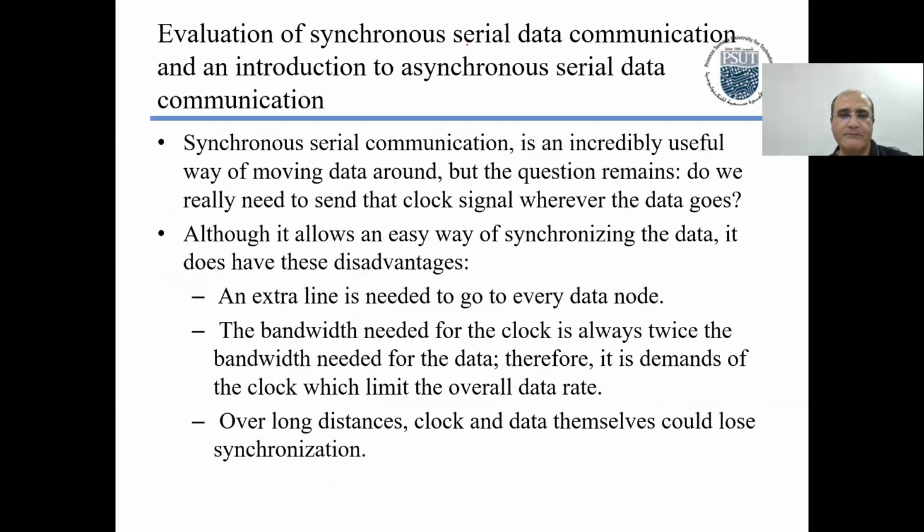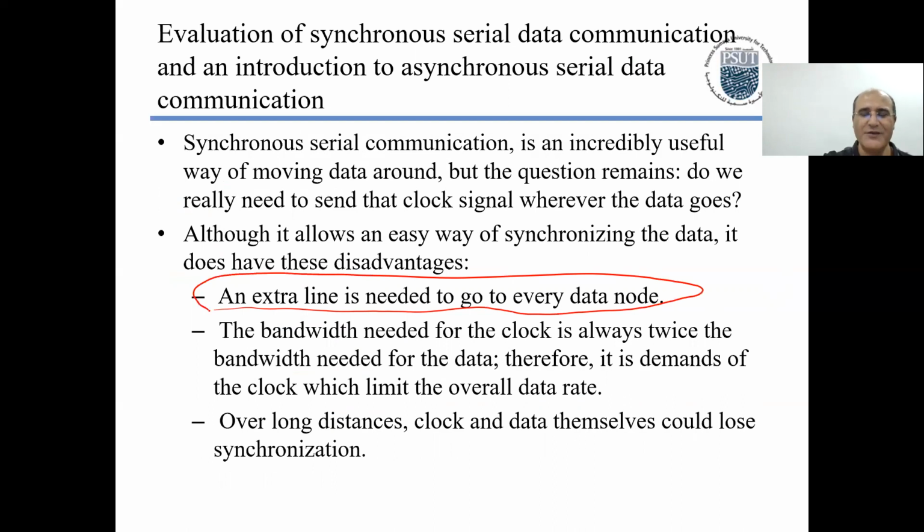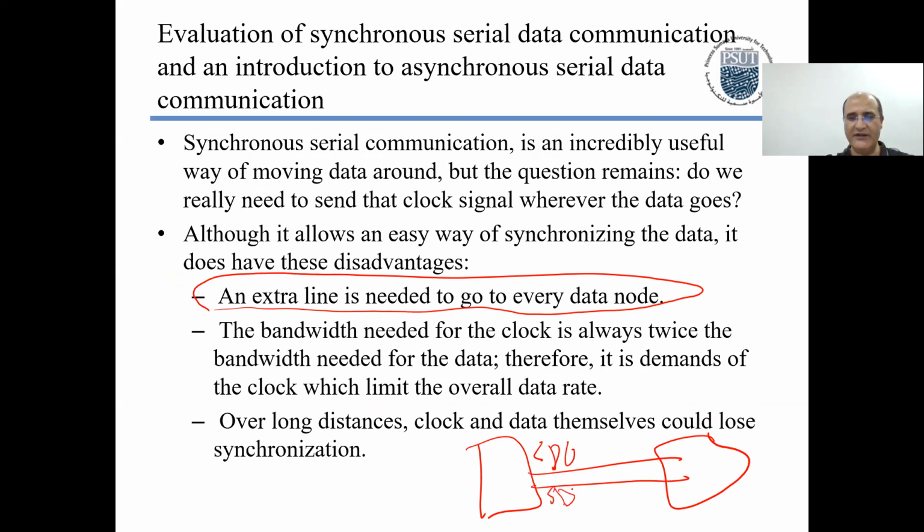And they will require an extra line. Because we have a common clock, you need to send another line, a line for serial data out and a line for serial data in.